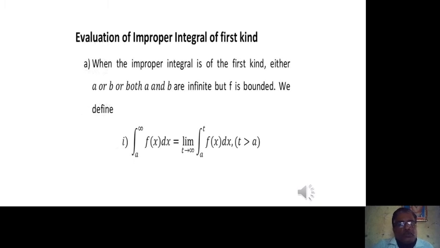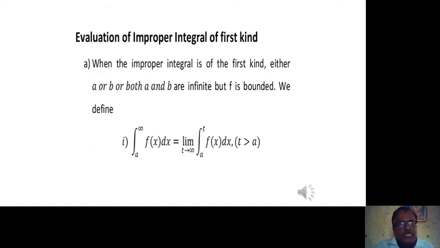Next we move on to evaluation of improper integral of first kind. How to evaluate the improper integral of first kind? When the improper integral is of first kind, that is either a or b or both are infinite but f is bounded, then we define integral from a to infinity f of x dx as the limit as t tends to infinity of integration from a to t f of x dx, where t is greater than a.